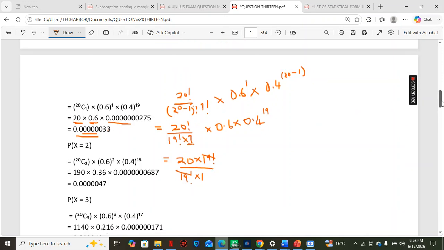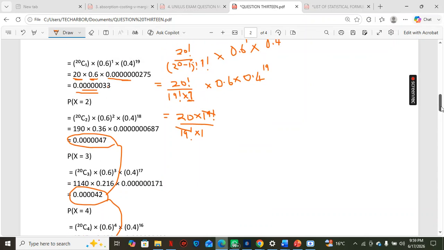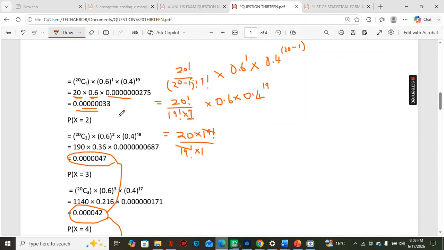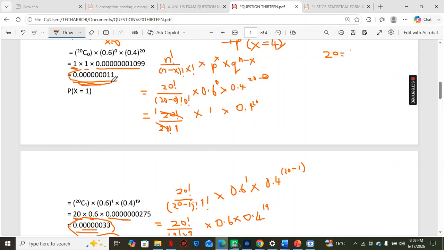Okay, so colleagues, the process will go on until you get the probability that 4 students prefer working in the banking industry. All right. Once you've got these probabilities, you need to add them up. This plus this probability plus this probability plus this probability here.